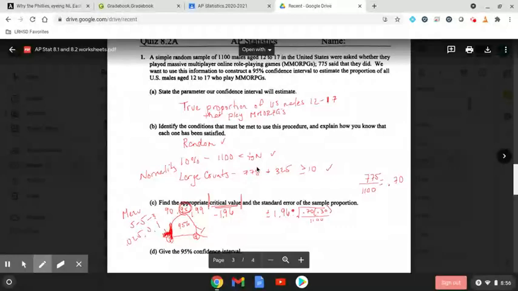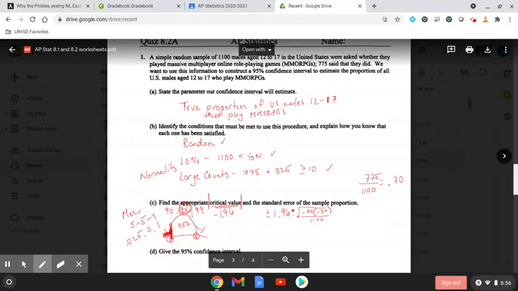Okay. So I'll find that number first just so I can kind of speak a little bit to that. But if we did the square root of 0.7 times 0.3 divided by 1100, right? We would get something about 0.0138, right?